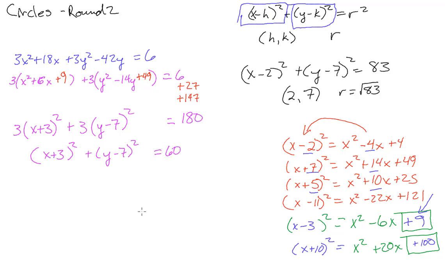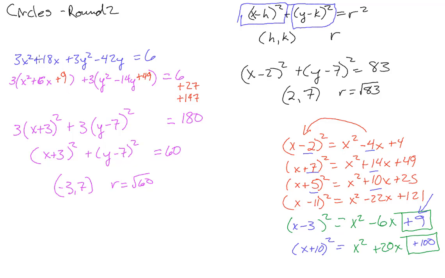Look at that. It's now in that perfect form. We know what the center is. The center is (-3, 7), and that radius is the square root of 60. You could simplify that down to 2 square roots of 15, but that is how we take an equation that looks nasty in and of itself and turn it into a perfect standard form of an equation of a circle.